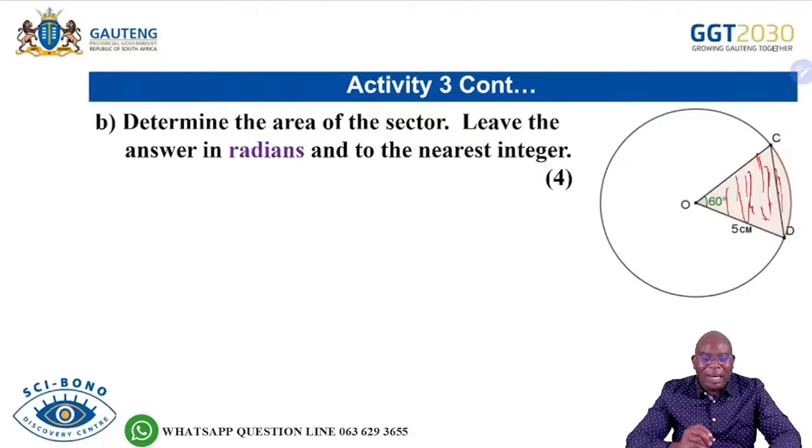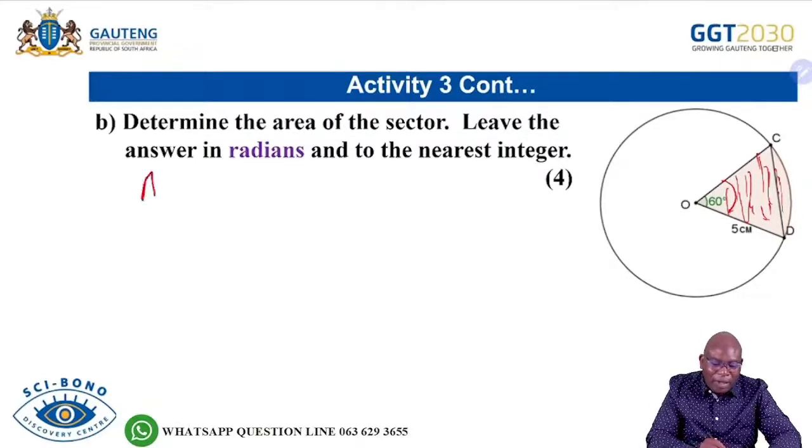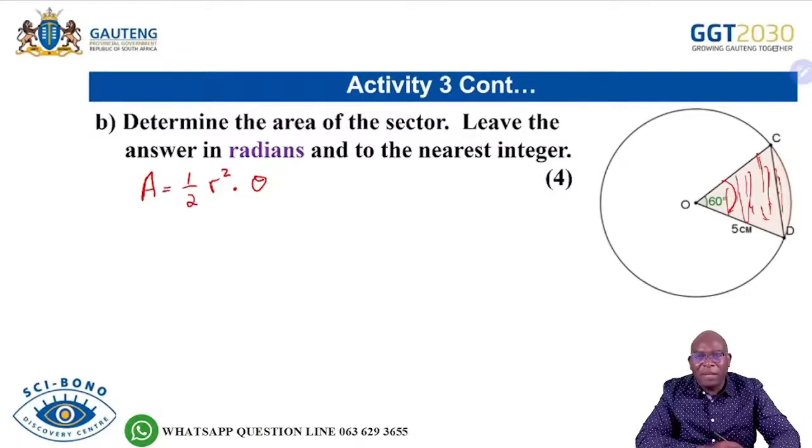So the easier way is to use the angle, because the angle is already given. So the area equals half of r squared multiplied by theta, because the radius I have, and the angle I have.